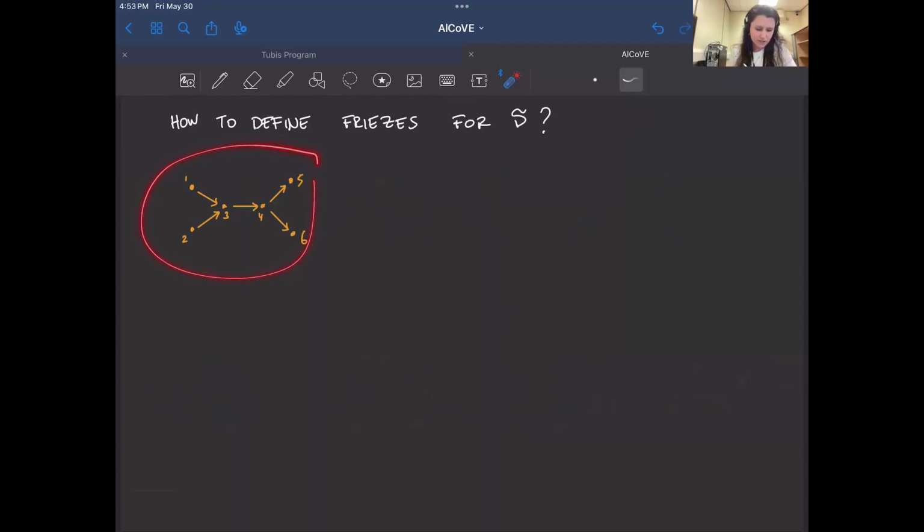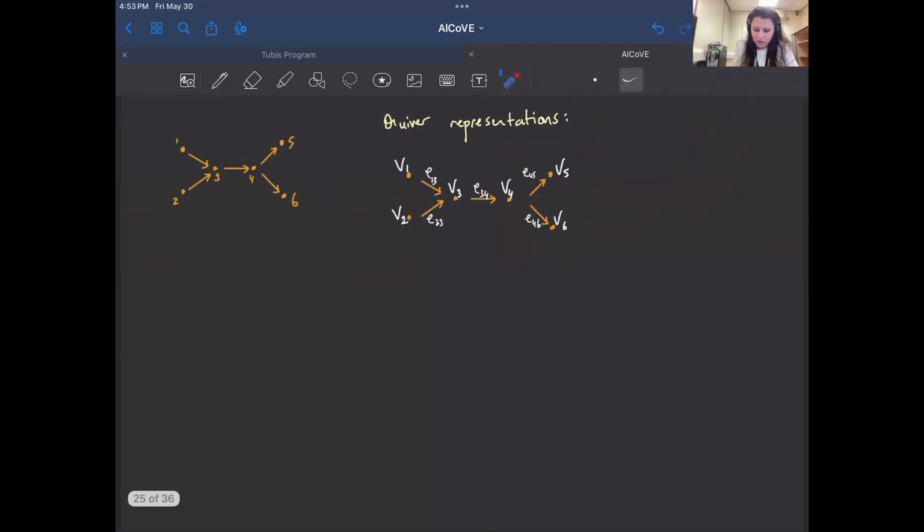These graphs are studied intensively in representation theory, and we call them quivers. What we do is put vector spaces at each vertex and linear maps between them. This is just a collection of vector spaces with linear maps, but they decompose nicely because our graph is nice.